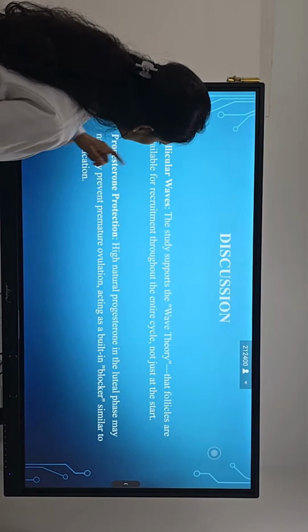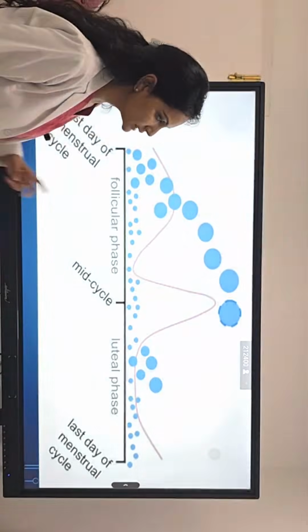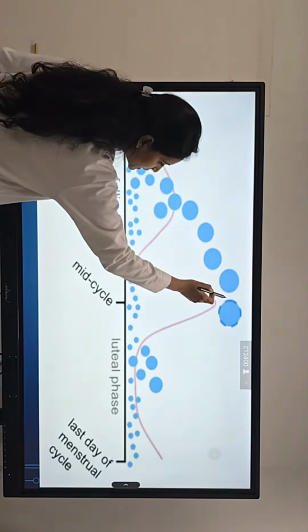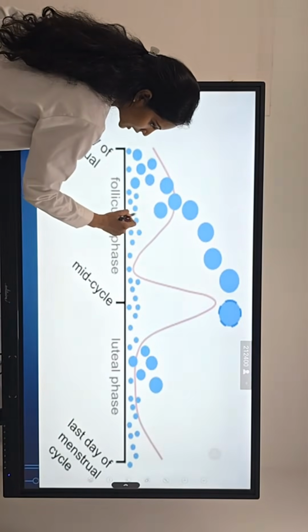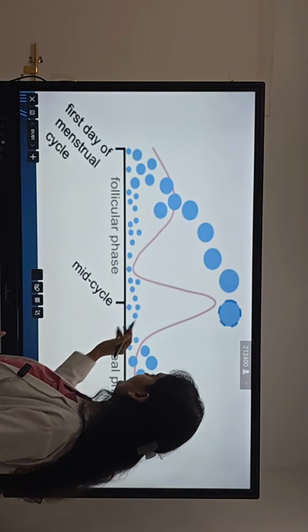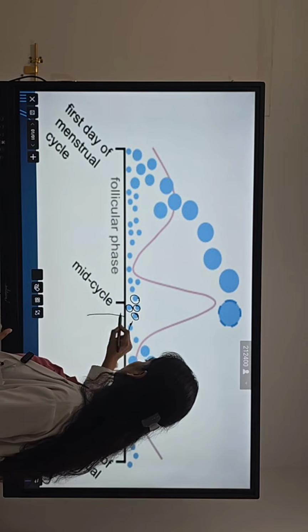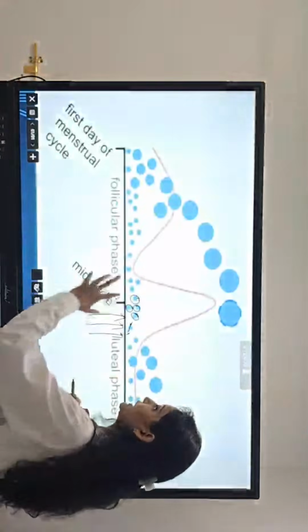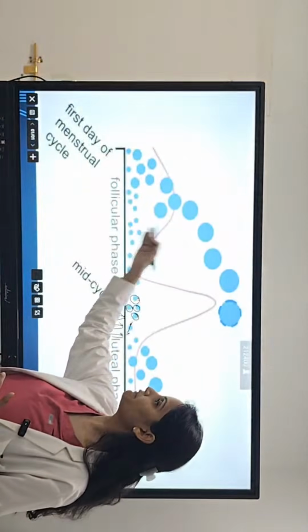Here I want to discuss what is follicular wave and what is progesterone protection. There is only one wave we usually focus on, which ovulates on the 14th day. Simultaneously there is another wave of follicular growth. If we stimulate these follicles after the ovulation, because there is not only one cohort of follicles, there are waves.